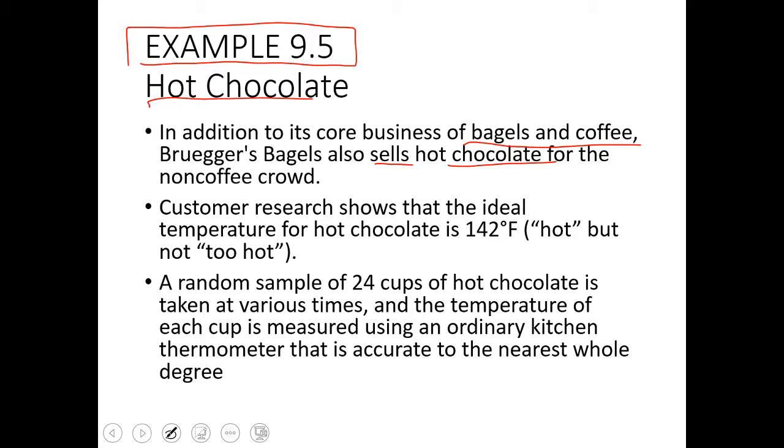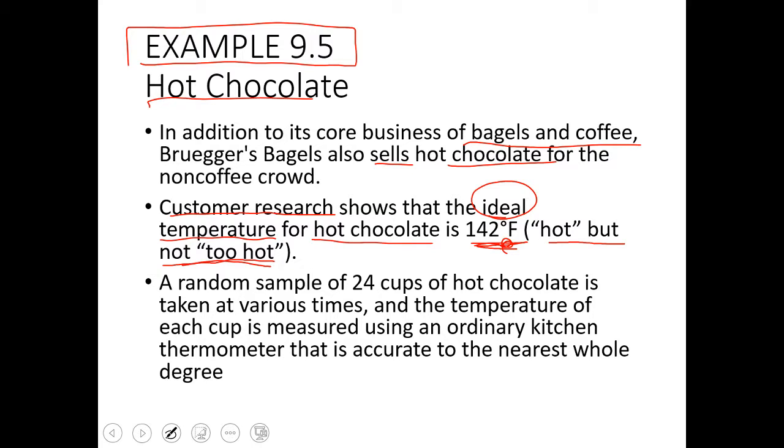Customer research shows that the ideal temperature of the hot chocolate is 142 Fahrenheit. If this bagel shop provides 142 degree hot chocolate, then that is hot but not too hot. That is the perfect temperature for customers to enjoy the hot chocolate.